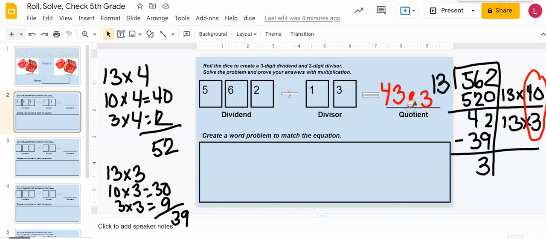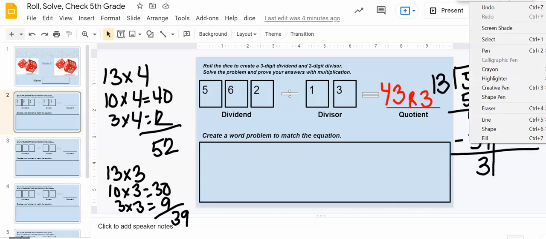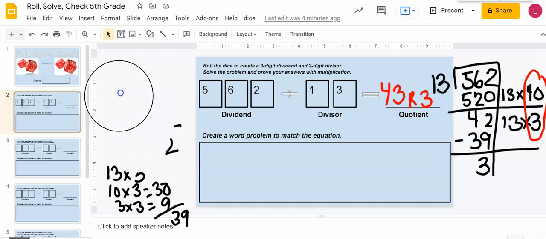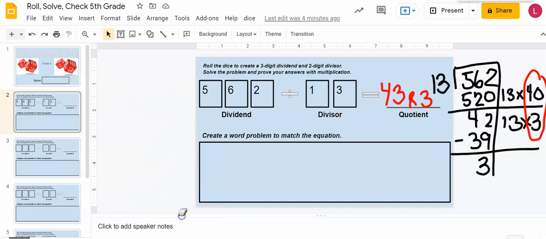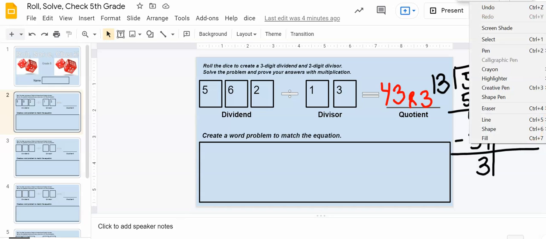So let's check our work. Let's prove it by multiplying, because we can always prove our work.